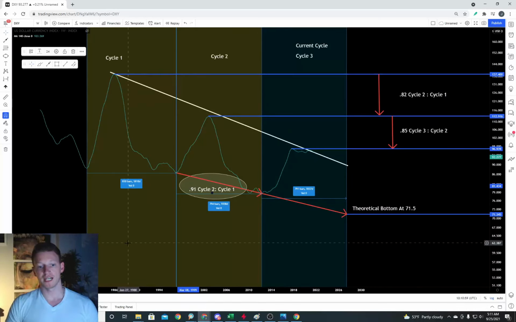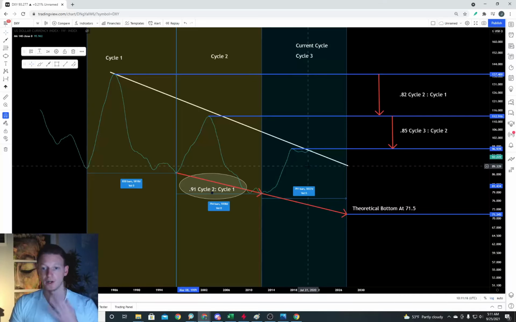And notice over time, since basically 1986, DXY is falling, falling, falling. Now we're down here. And this level where we're at now approximates this trend line. It's not exact, so I don't want to tell you, oh, we're precisely at a peak.